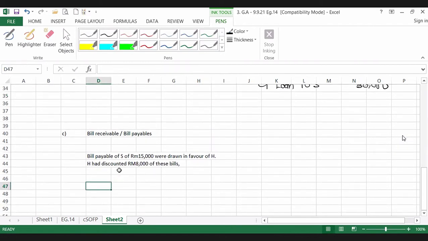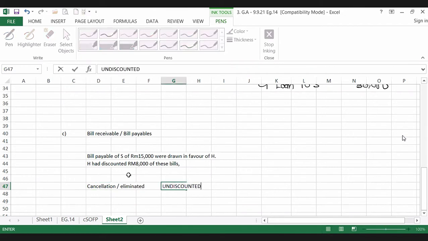So if you have a discounted situation, the cancellation means that you have to eliminate the undiscounted. What kind of item do you have to eliminate? Not discounted. You have to eliminate undiscounted.